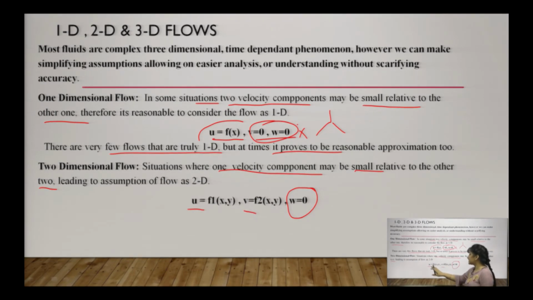Here you can see that the velocity component u is a function of x and y, and again the velocity component v in the y direction is a function of x and y with certain values. These values exist, and the w component does not contribute as much as u and v do. So we are neglecting this velocity component, treating this type of flow as two dimensional flow.